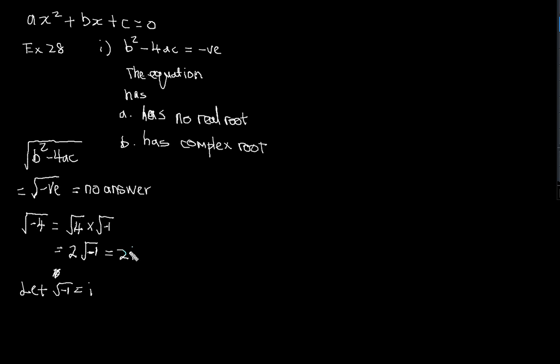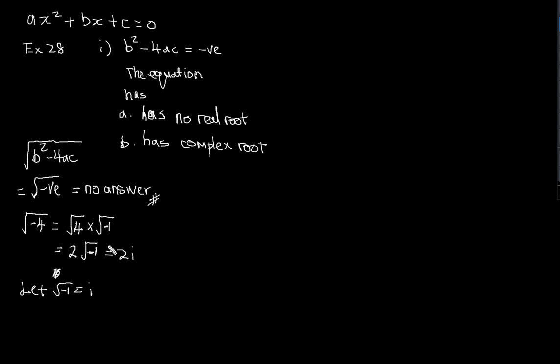The higher level of mathematics calls this a complex root. But in IGCSE, you stop at this level, therefore you claim that there's no real root. But at the higher level, even in SAT, other kinds of syllabus, complex root is actually in the syllabus.